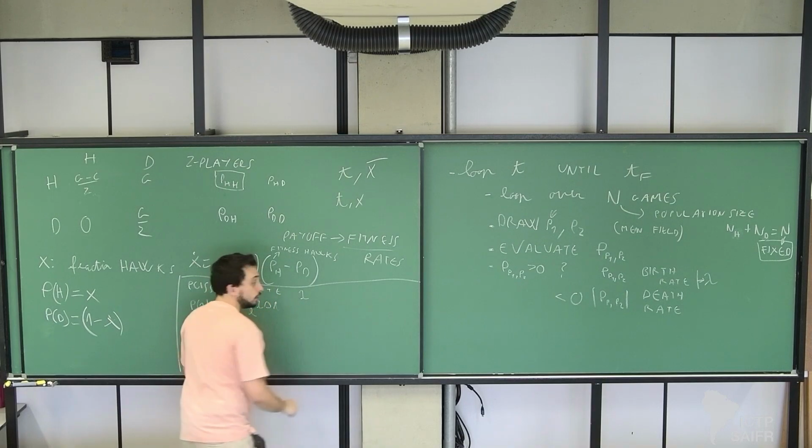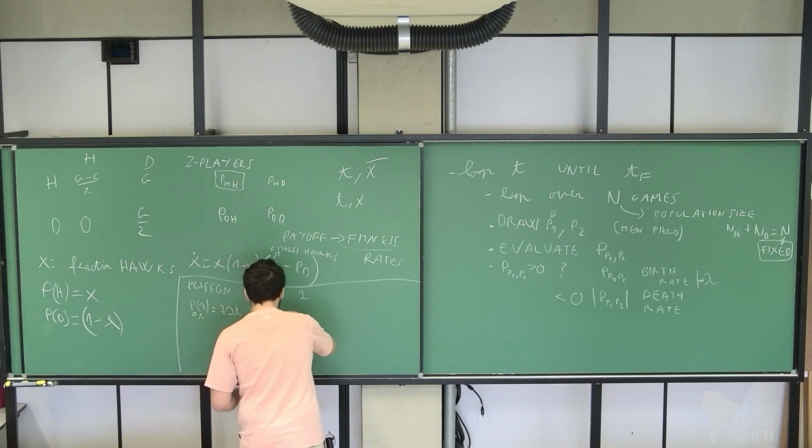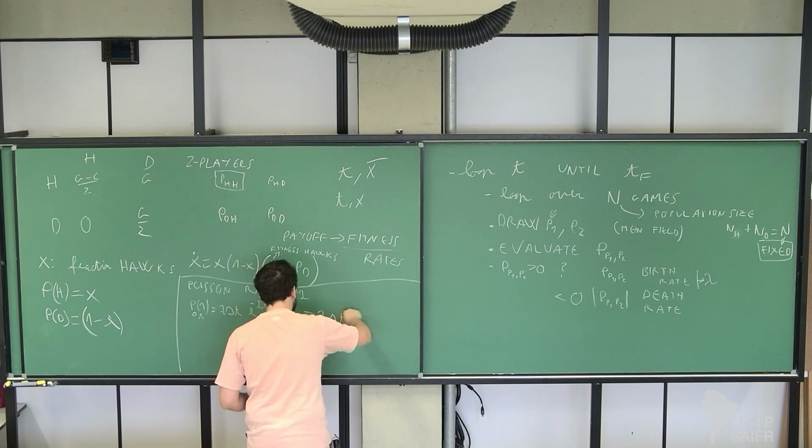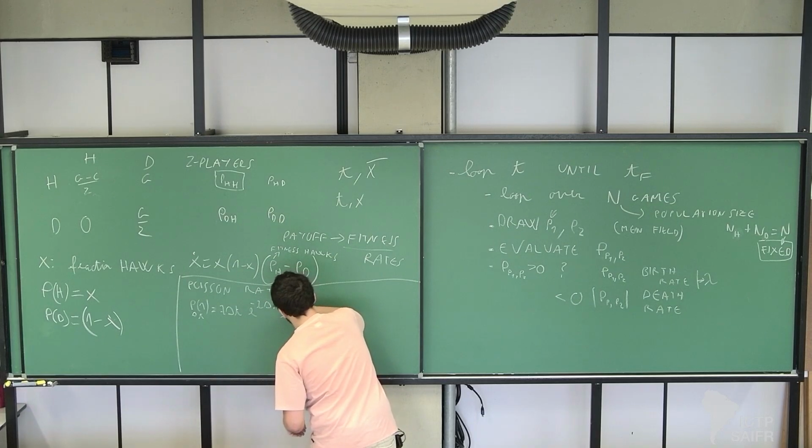This is just a Poisson distribution, okay? Which will tend to lambda delta t when lambda times delta t tends to 0, okay?